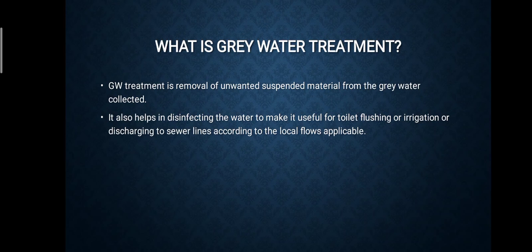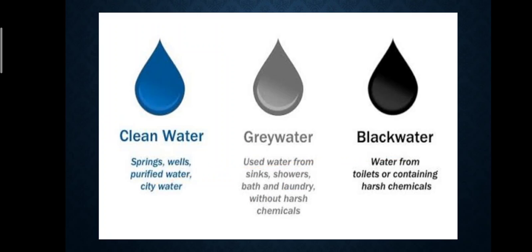So the removal of unwanted suspended material from the collected grey water is called grey water treatment. It not only helps in removing the suspended materials but also helps in disinfecting the water so that it can be used for toilet flushing or irrigation or discharging to sewer lines.